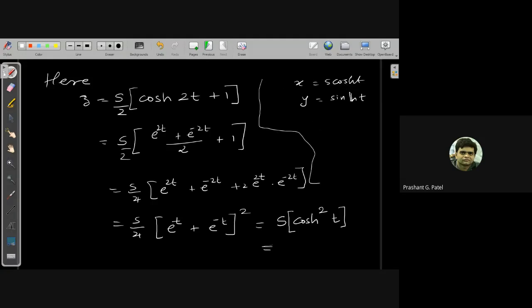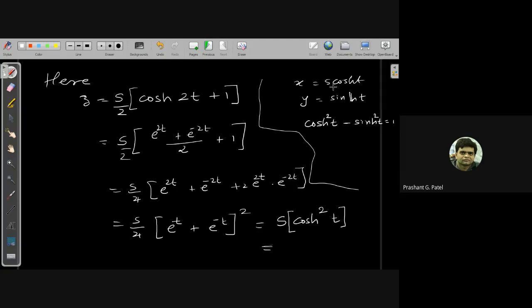From this you just observe that cos hyperbolic square t, that is (e power t plus e power minus t) by 2, minus sine hyperbolic square is equal to 1. This is the formula, it is already there.